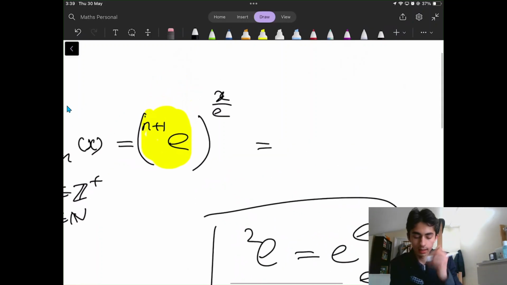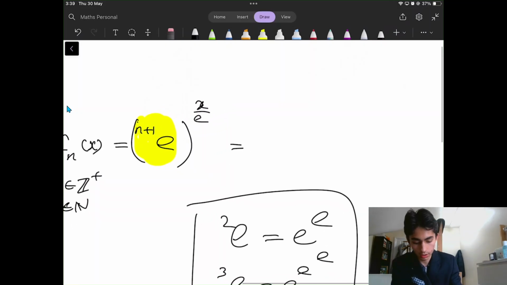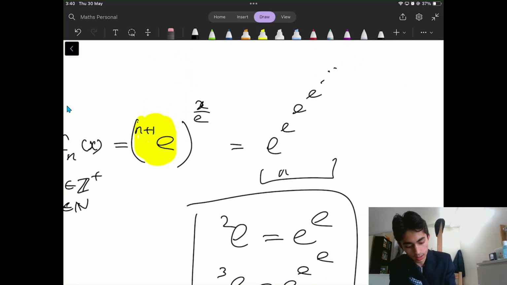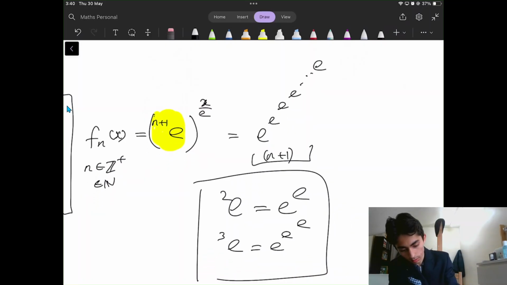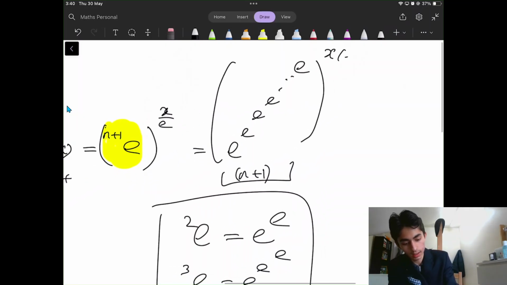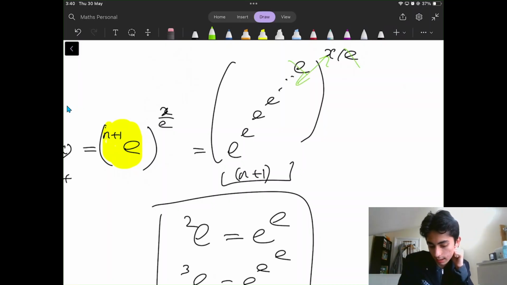In this case, e tetrated n plus 1 times is just e to the power of e to the power of e, and so on, and there's n plus 1 many e's. Then put all of that to the power of x over e, and one of the e's cancels out and you're left with x going in there.